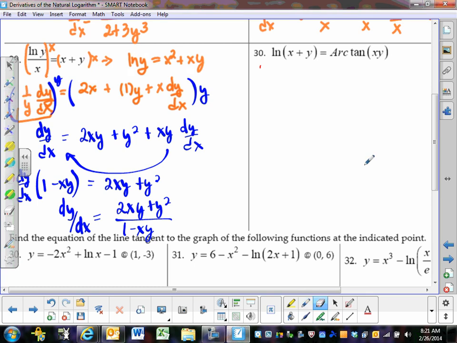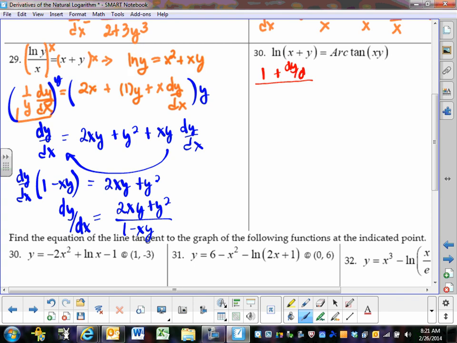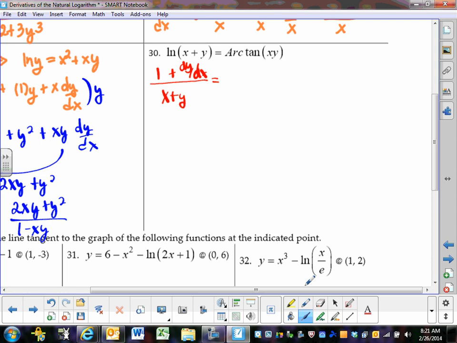Okay, for the next one, we could do the product rule or the quotient rule. Some people prefer the product, so I'm going to multiply both sides by x to do a rewrite. And so my rewrite is that the natural log of y equals x squared plus xy. So now the derivative is 1 over y dy equals 2x plus a product instead of a quotient. So the derivative of x, keep the y, keep the x, derivative of y. Since we have a fraction with our dy, we need to multiply everything by y.